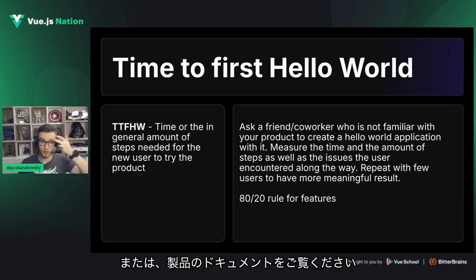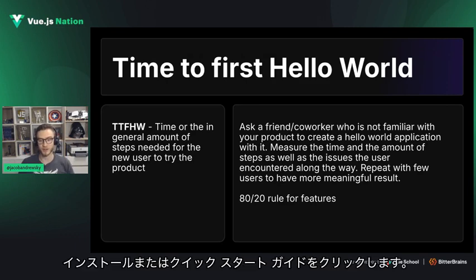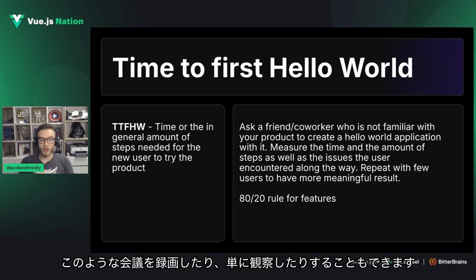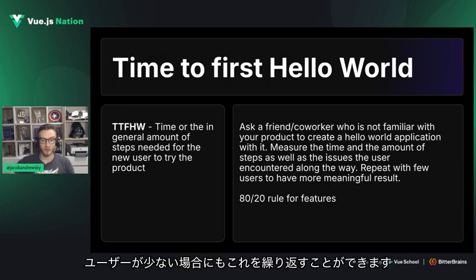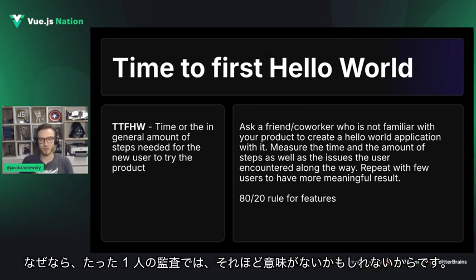Or they will go to the documentation of a product and click on the installation or quick start guide. You can record such a meeting or even just observe it and measure the time and the amount of steps, as well as the issues that the user encountered along the way. You can repeat it also with a few users to have more meaningful results, because auditing just one person might not be that meaningful.